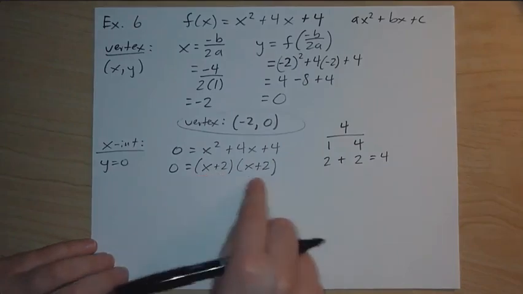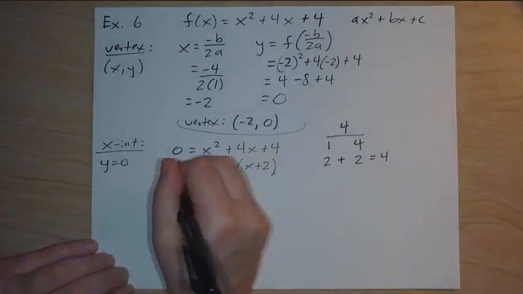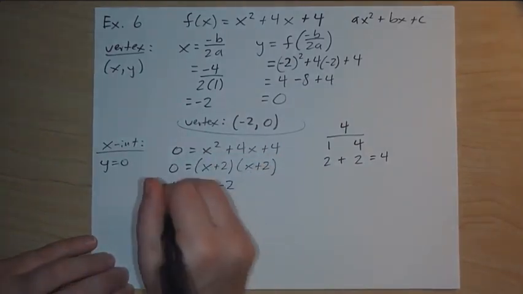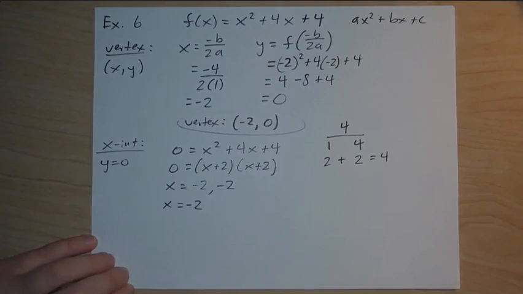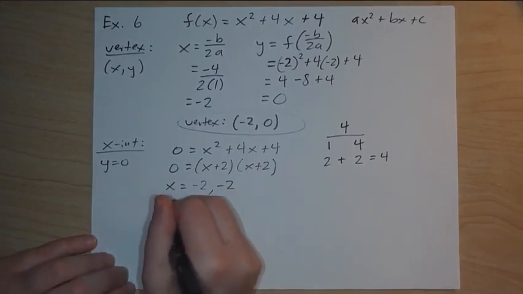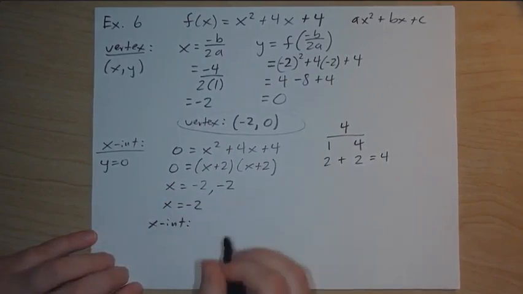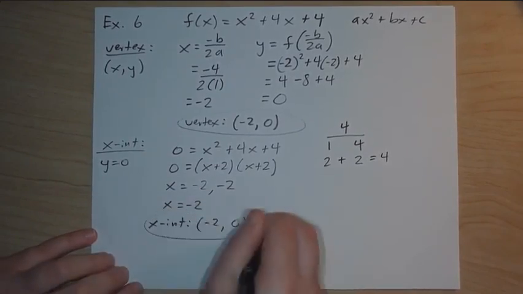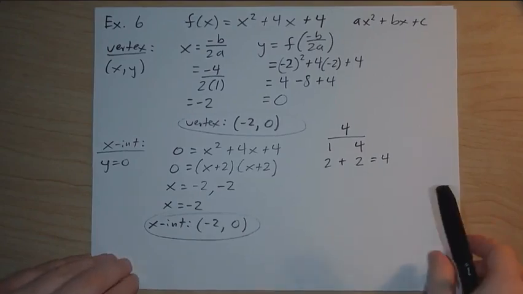And if we solve this for each one equal to 0, we get x is equal to negative 2 and negative 2. So x is just equal to negative 2. Thus our x-intercept is the singular point negative 2, 0.